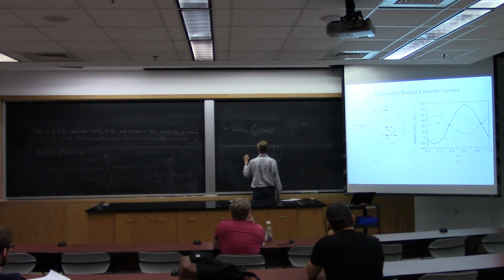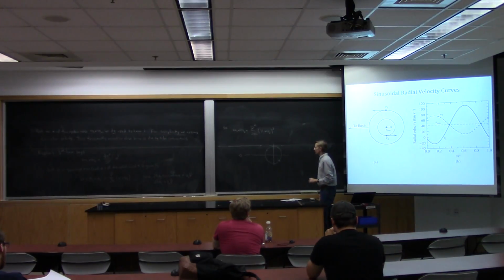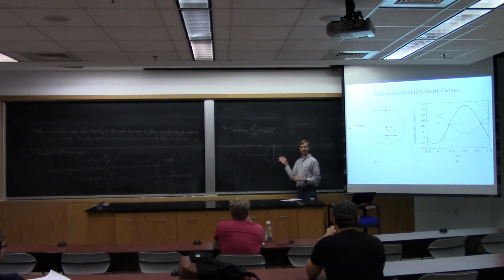Let's say Earth is off along the x-axis here. Then the velocity component along the line of sight is just the x component of the velocity. But if I look at uniform circular motion, we find that either component, the x or the y component, is sinusoidal in uniform circular motion. Do you remember that result?